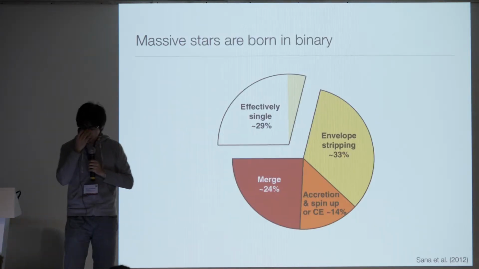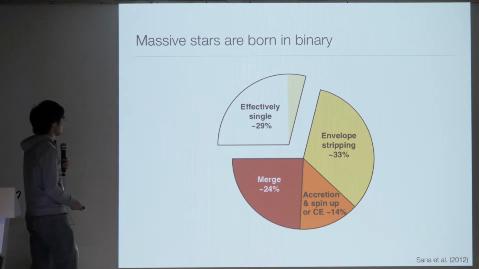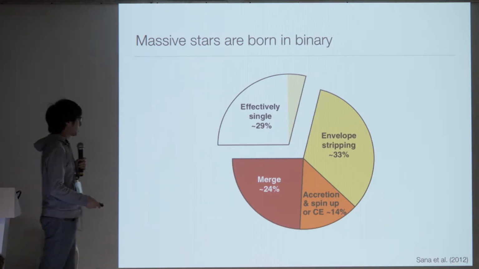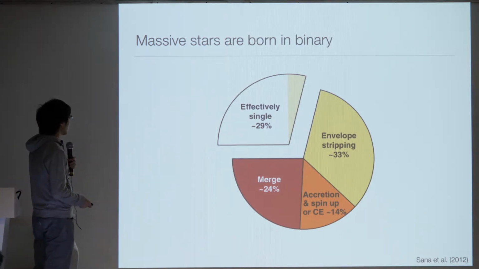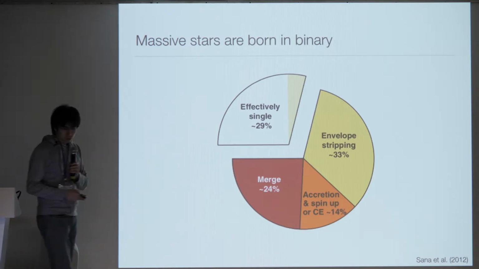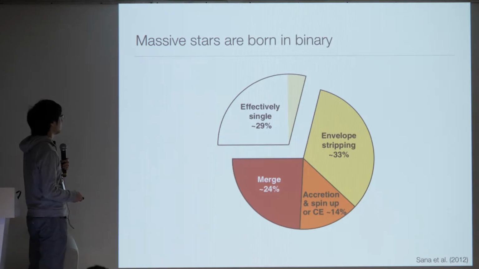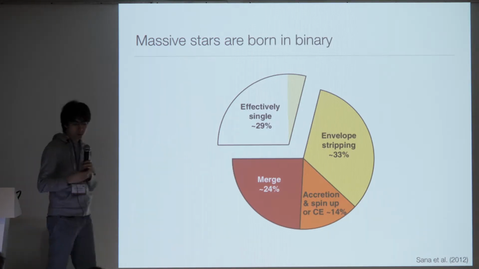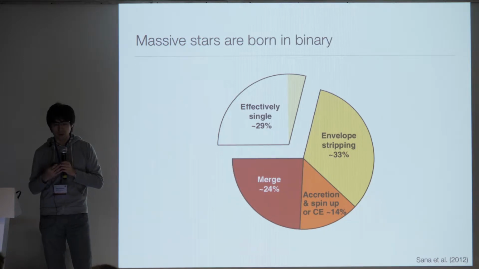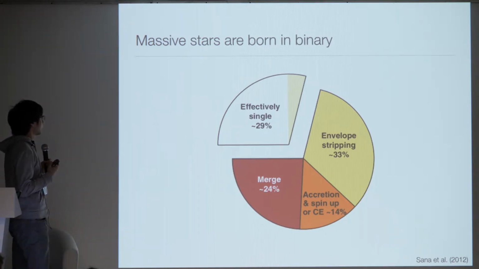There was a question about what fraction of stars are in binary systems, and nowadays we have some observational constraints. At least for OB stars, massive stars, more than 70% of them are in binary systems, in which their evolution can be affected before the explosion.